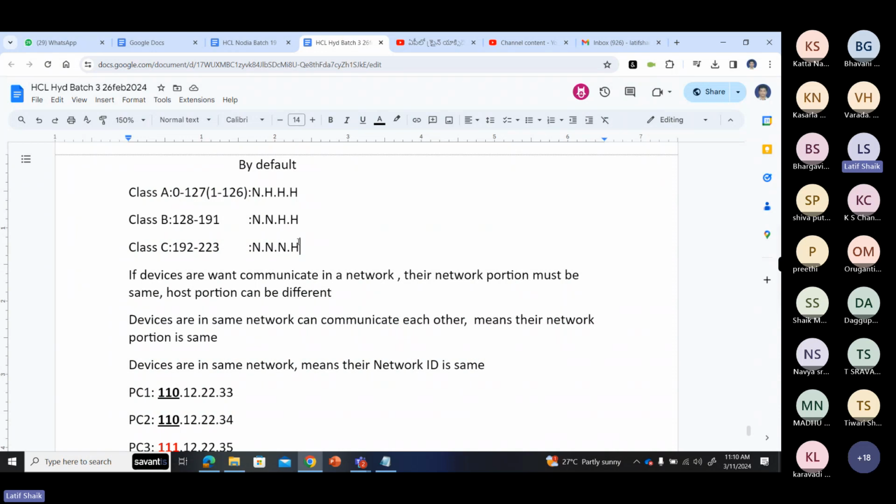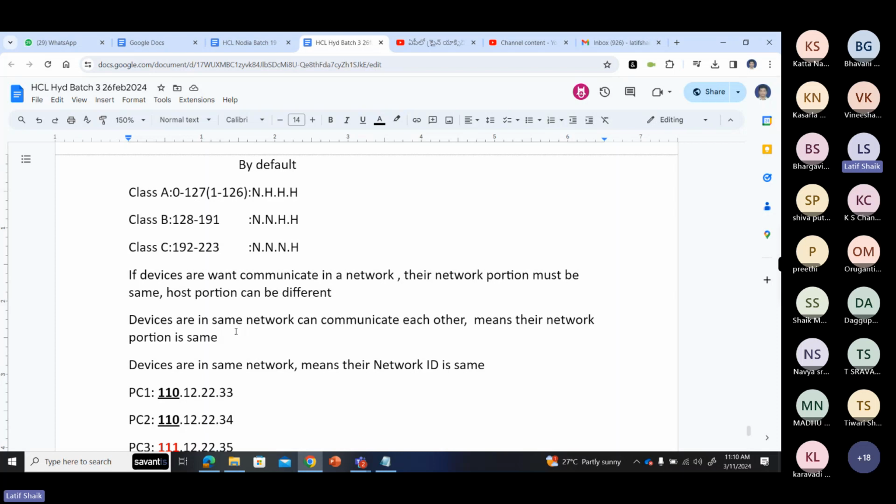Here there is one host portion, and it should definitely be different. Here there are two host portions, and any one of the host portions is different. Still, it is a different host. But the network portion must be the same in the same network. Devices in the same network can communicate with each other, meaning their network portion is the same.